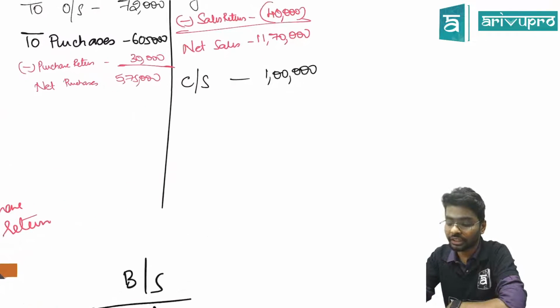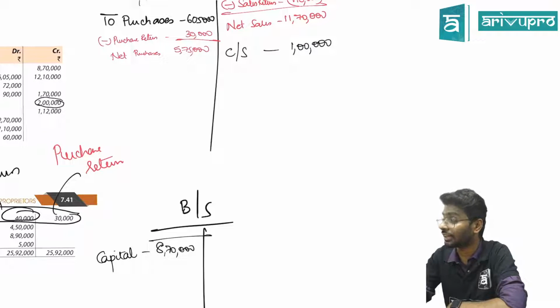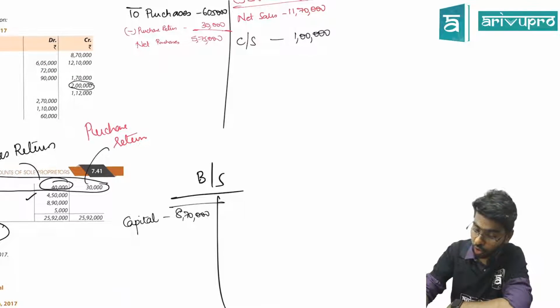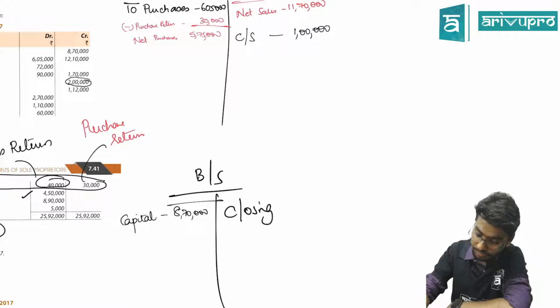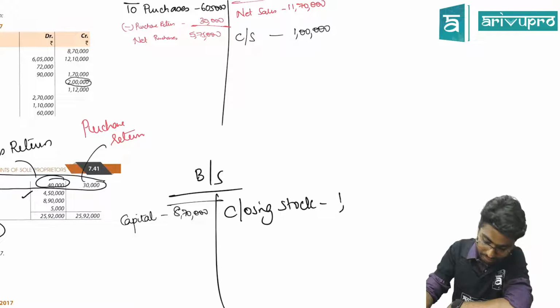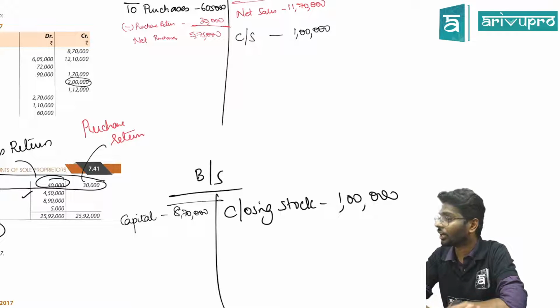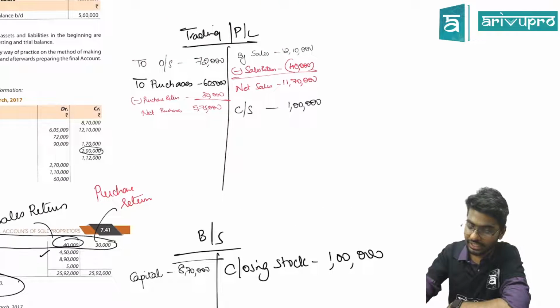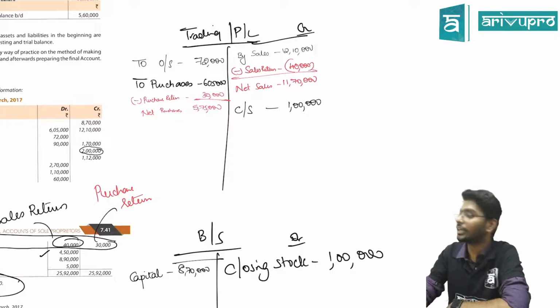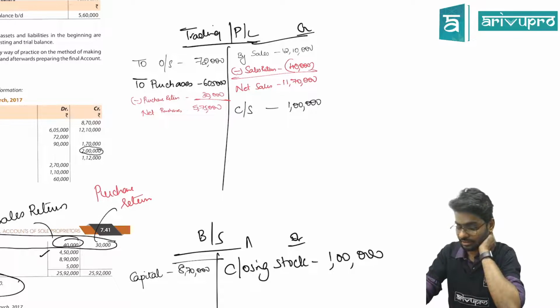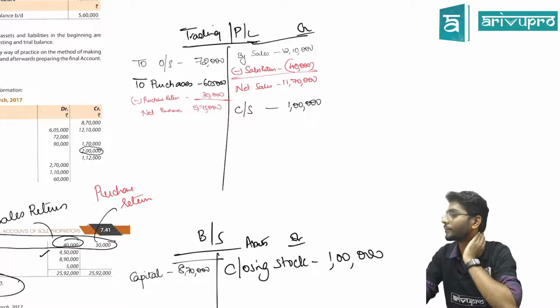One side I wrote in the trading account. Other side, where should I write? Closing stock in my balance sheet, 1 lakh. Have I recorded both sides? This is coming on the credit side, this is coming on the debit side, assets. Are you all clear?